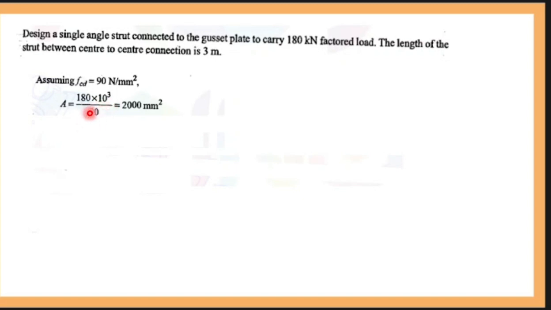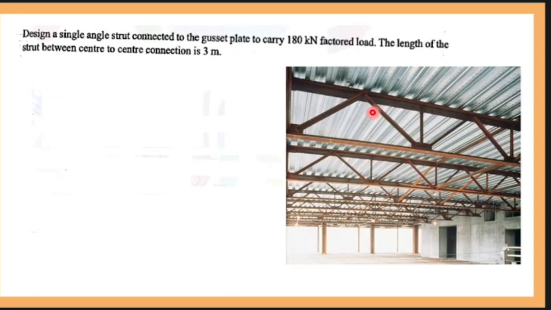Area has to be found, and you have the stress, the design stress carrying capacity, 90. So you can cross multiply this. Force divided by stress is area. Now what is the area required for your member? 2000 mm square.